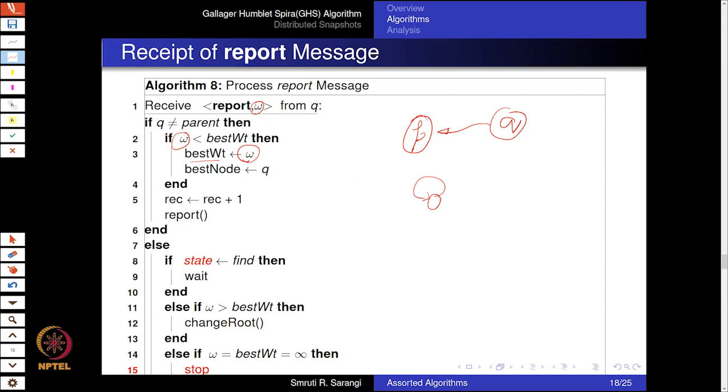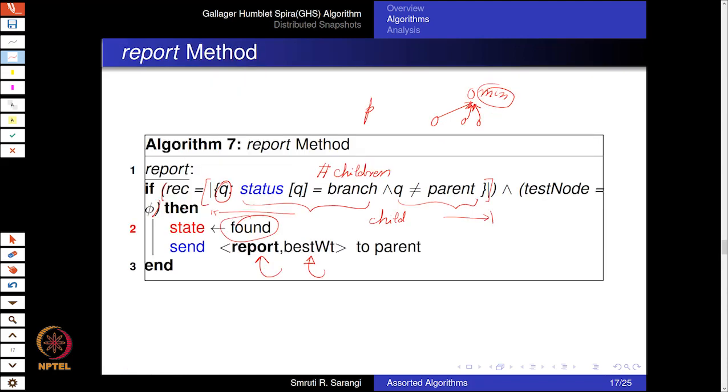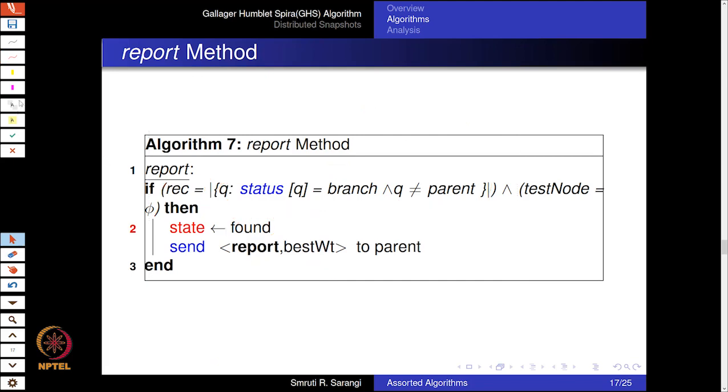And furthermore, given that my child is sending me a message, I will set rec equal to rec plus 1, which means that one of my children has responded. And then I will call the report function. The report function is the same as this. We check whether all my children have replied or not, given that the rec variable was just incremented.